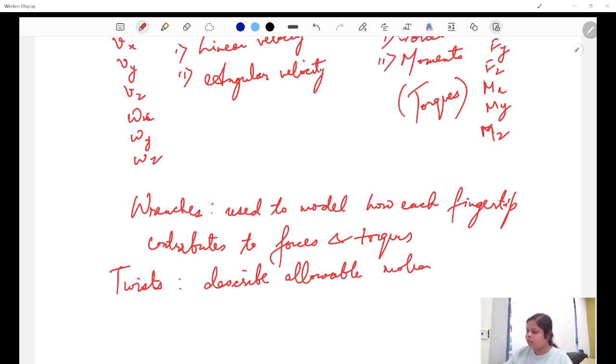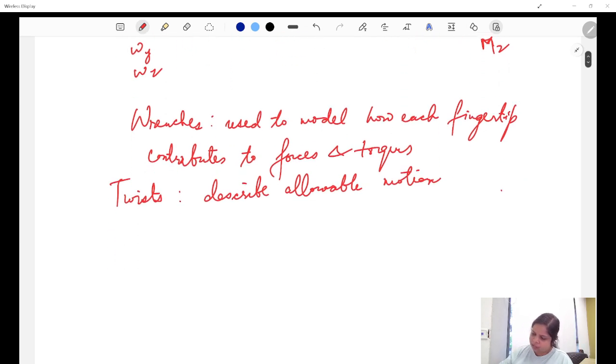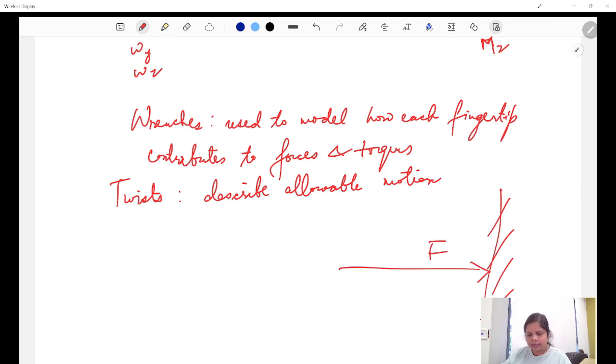That is, whether you'll be able to move in a particular direction. For example, if there is a wall here, you can apply a force on it in this direction, let's say the x direction, but you cannot move forward. It is the natural constraint. That is why you can have a wrench here, but you cannot have a twist at the same time.